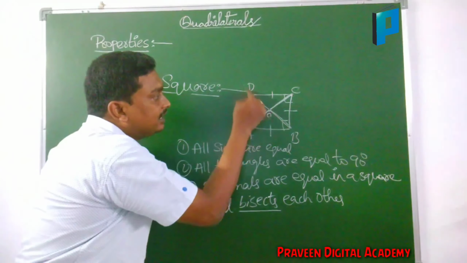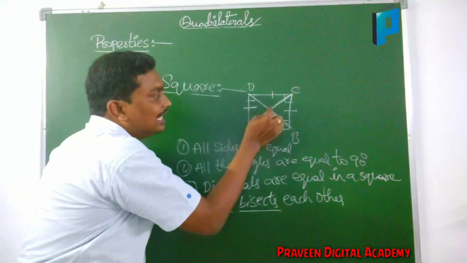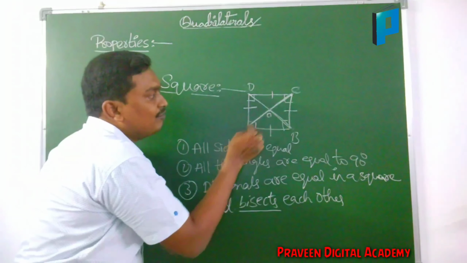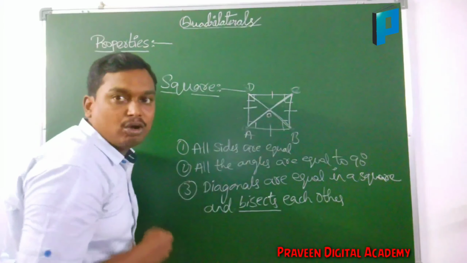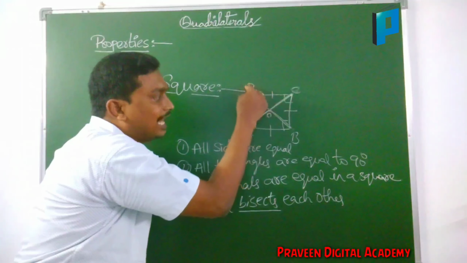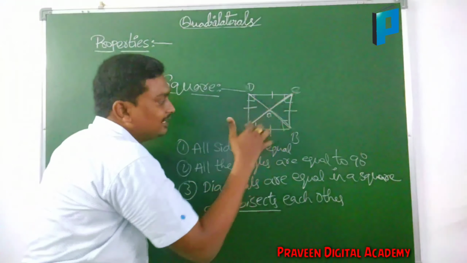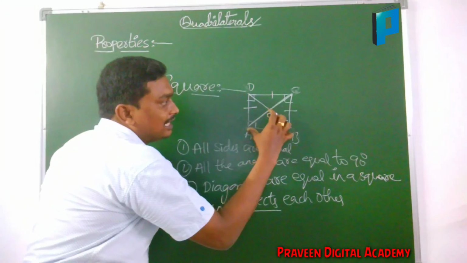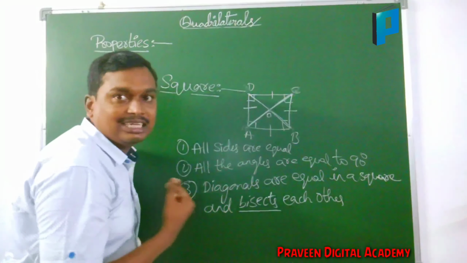and this O is the intersection point of AC and BD. If AC is 5, we will have BD also 5. Why? Because diagonals are equal. Bisect each other means if AC is totally 5, this AO length is half and this OC length is half.